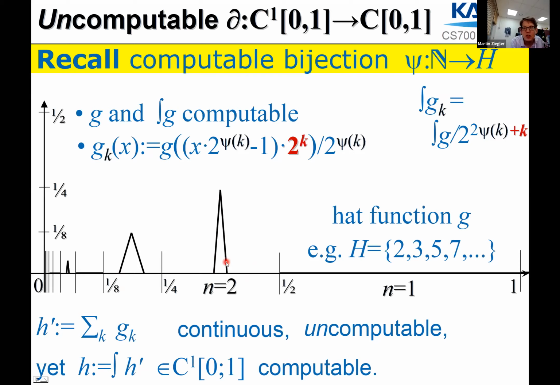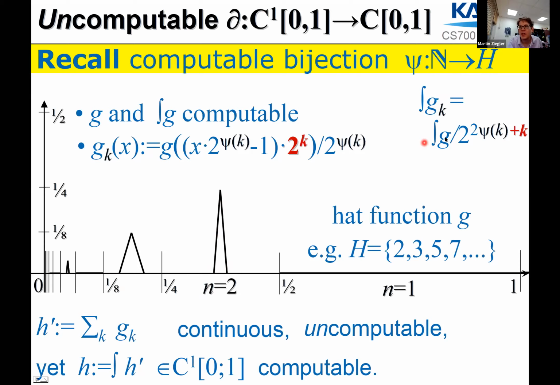Or put differently, in order to approximate the integral of this carefully constructed, you can call it artificial function, fair enough, we only need to look at the first k possible terms of this enumeration, because for any later term, if n occurs later, its contribution to the integral will be negligible.